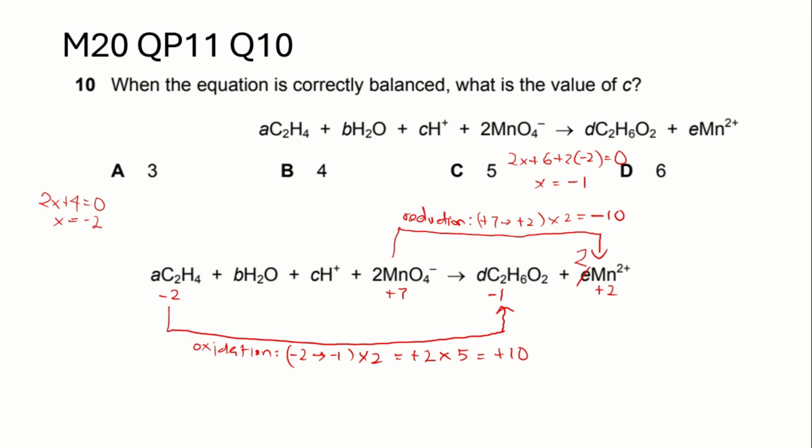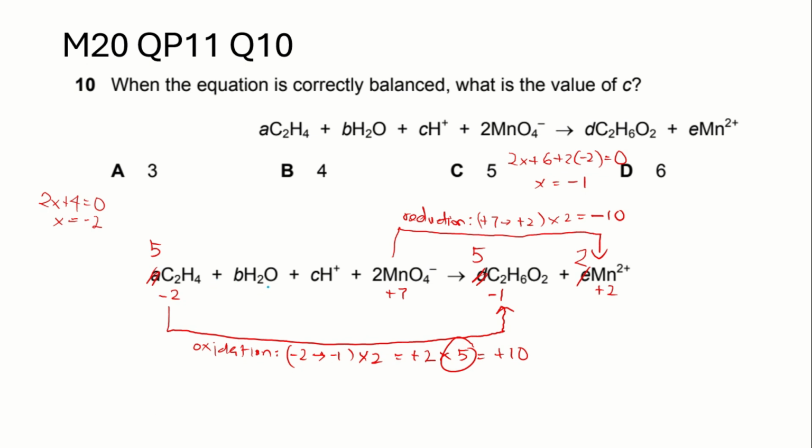The 10 electrons will be accepted by manganese 7 to form manganese 2. You've seen how I multiply by 5 here. So the species involved in oxidation, I will multiply them by 5. That will give me A as 5, D also 5.